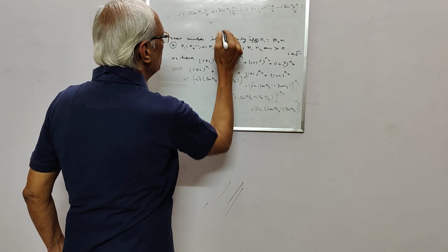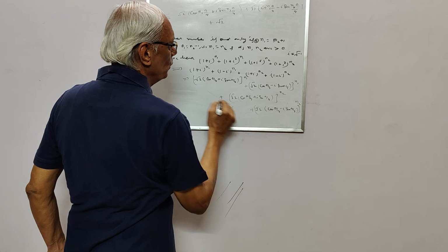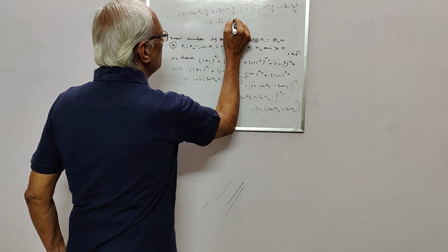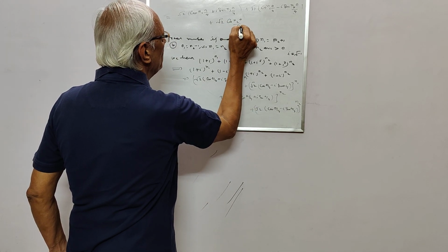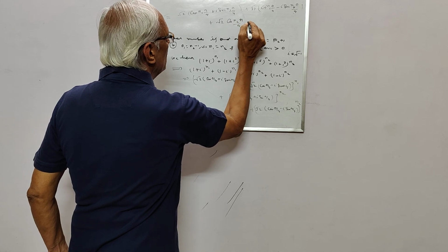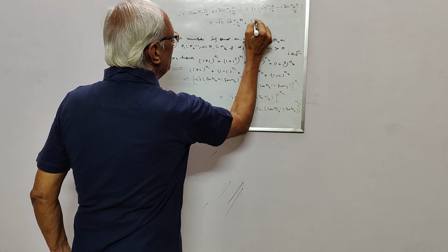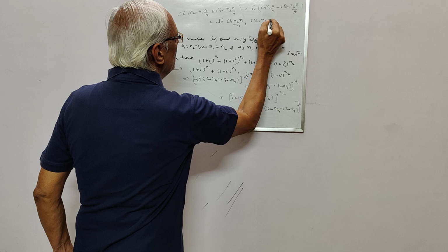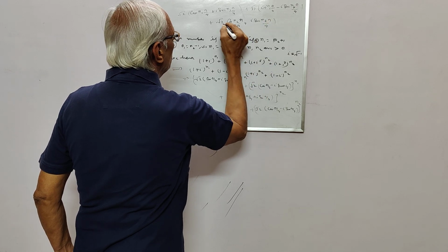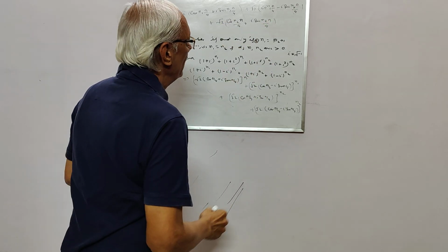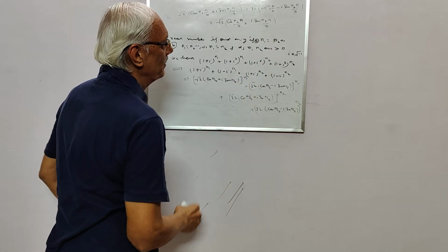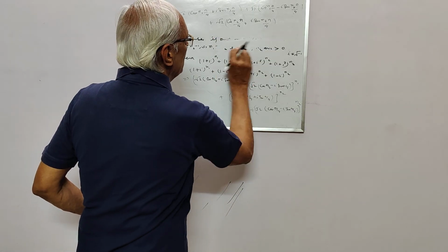Plus here you get root 2 into cos n2 pi by 4 plus i sin n2 pi by 4, using de Moivre's theorem I am writing this.